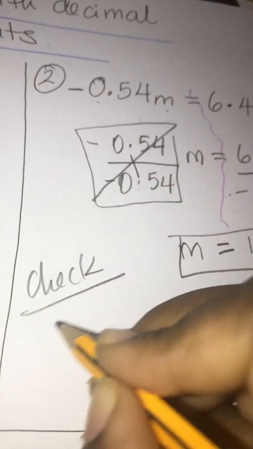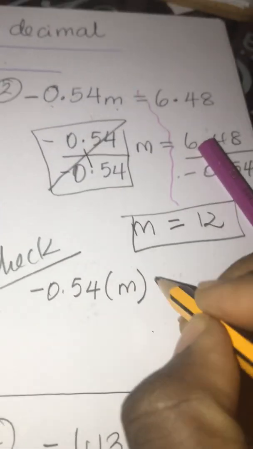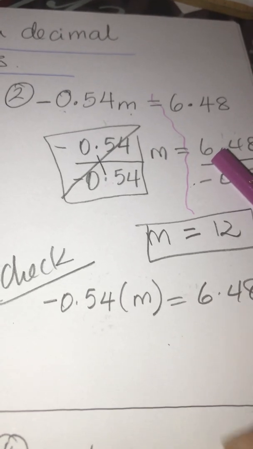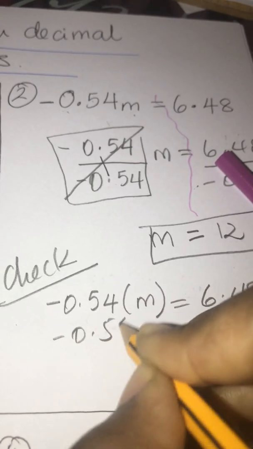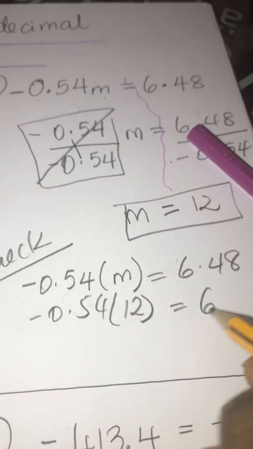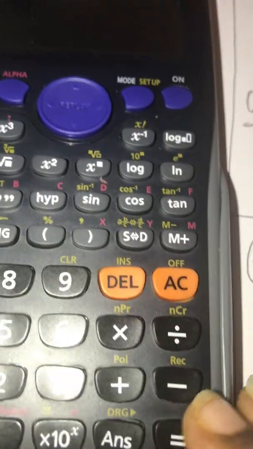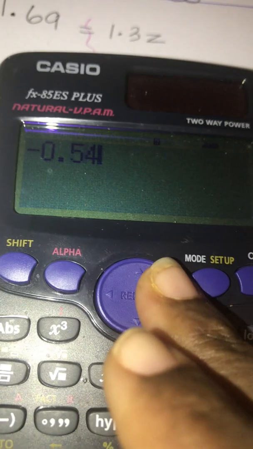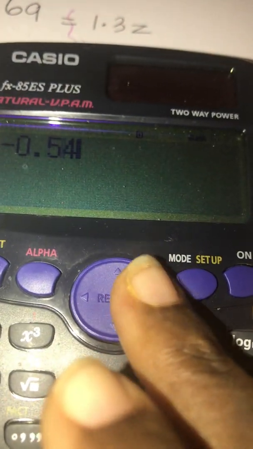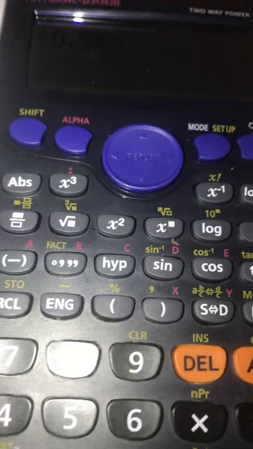And what is your check? Negative 0.54 brackets M equals 6.48. Negative 0.54 brackets, and you put the 12 equals 6.48. Then you do it over here. 0.54 should be negative. And you multiply.